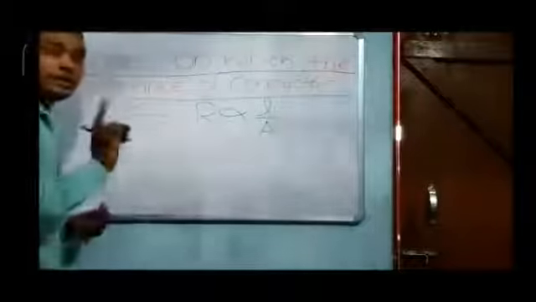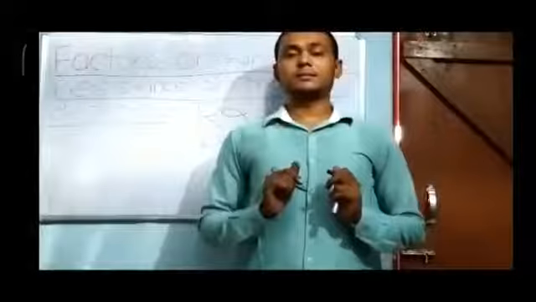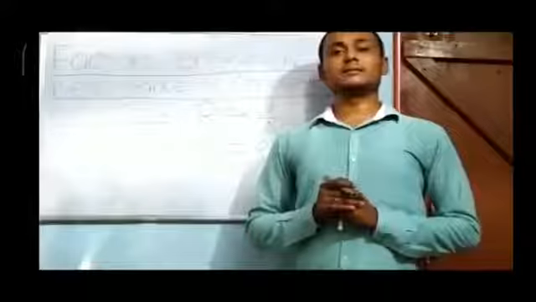Okay. When we remove this proportionality sign, we get a proportionality constant again, which is rho. In the previous topic, we got a proportionality constant named resistance, but here we get the proportionality constant which is rho, and it is also known as electrical resistivity.